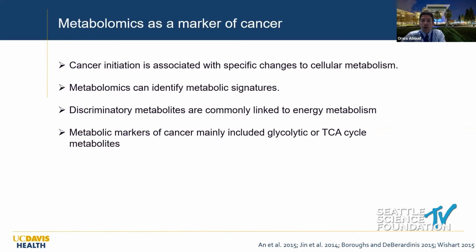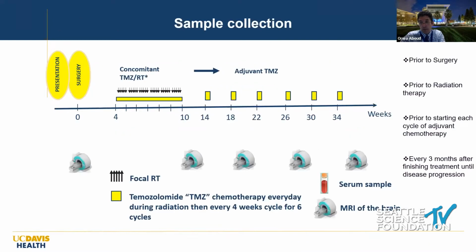What is known regarding the use of metabolomics in the cancer field is that cancer initiation is associated with specific changes in cellular metabolism, and metabolomics has been utilized in different cancers, including lung cancer and breast cancer, specifically to monitor disease and check on recurrence.